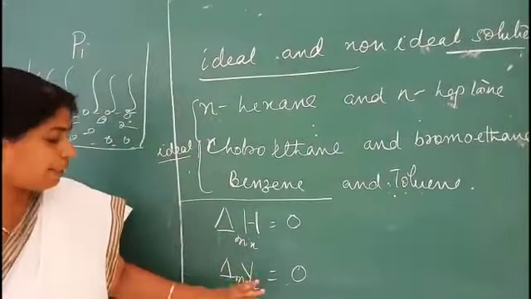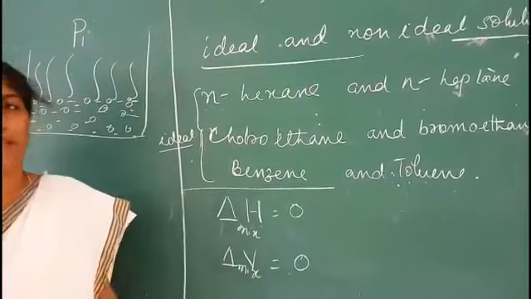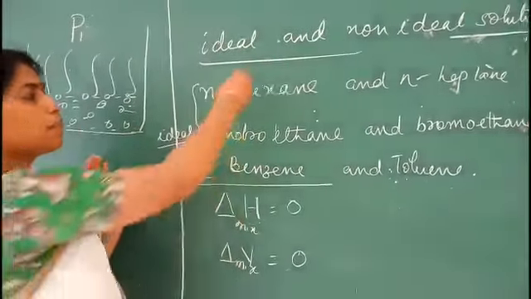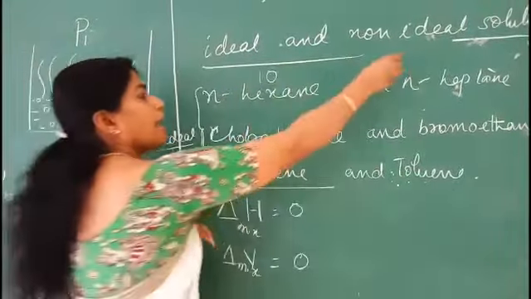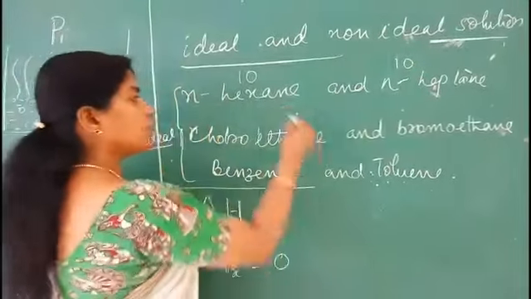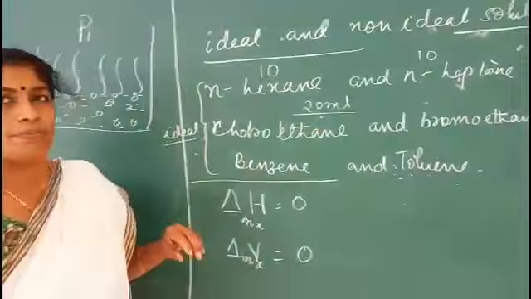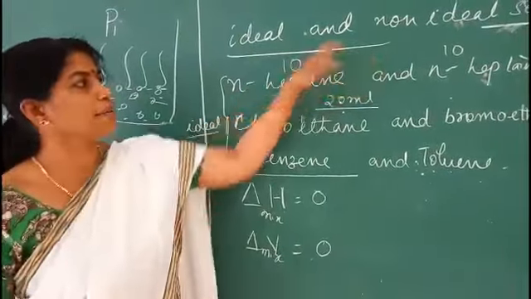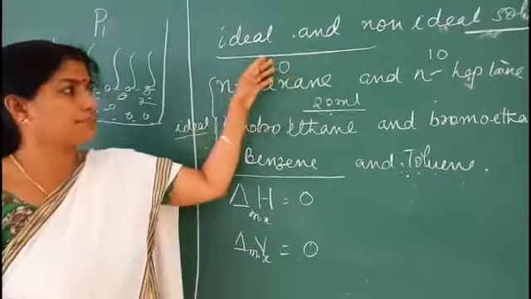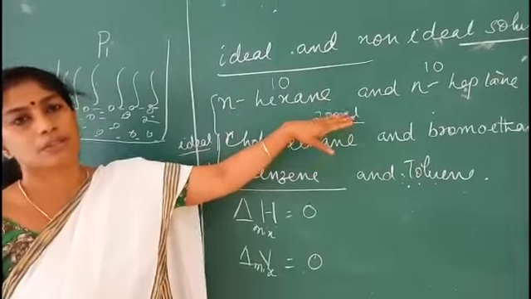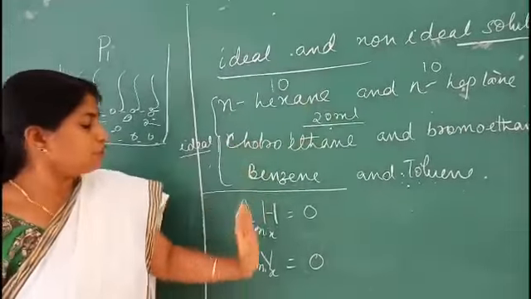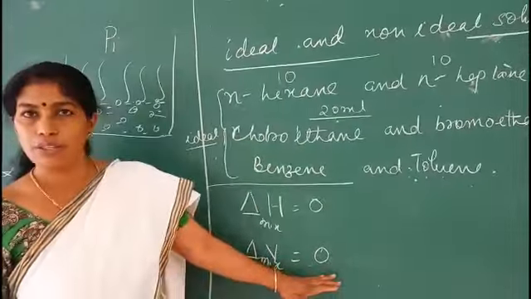Next is delta V mix. Delta V mix means if we are mixing 10 ml of hexane and 10 ml of heptane, we will get 20 ml of solution. Before mixing the volume was 10 plus 10, 20 ml, and after mixing also the volume is 20 ml. So delta V mix will be equal to 0.